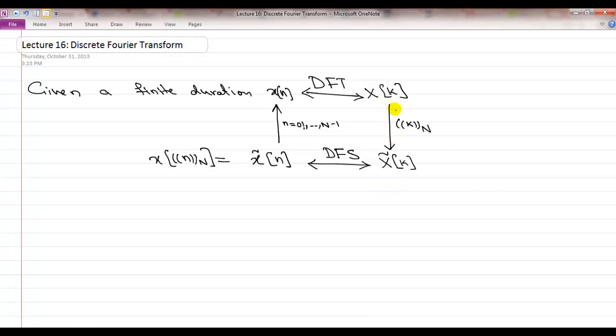We go first to the discrete Fourier series by considering these X[k]'s as just one period of the discrete Fourier series coefficients. Then we do whatever we want to do and figure out what x tilde of n is. Whatever is one period of that x tilde of n will be my time domain inverse discrete Fourier transform.